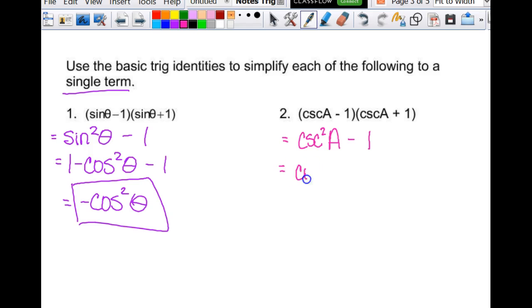So this is going to be cotangent squared A plus 1. That's what I'm replacing cosecant squared A with. Minus 1. So that 1 minus 1 is just 0, so I get cotangent squared A. And I have simplified that down to one term. Okay? Any questions about that? Okay.